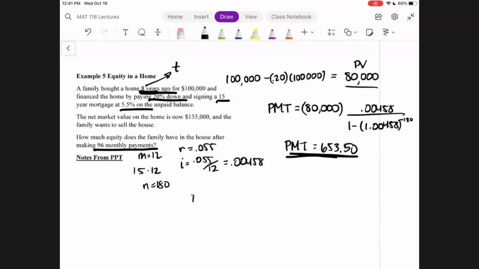So the present value would be 653.50. And 1 minus 1 plus my same rate. Makes that a little more legible. So you want to think this is for 8 years, so your n will be different. So when it's 8 times 12, which would be 96. Right?